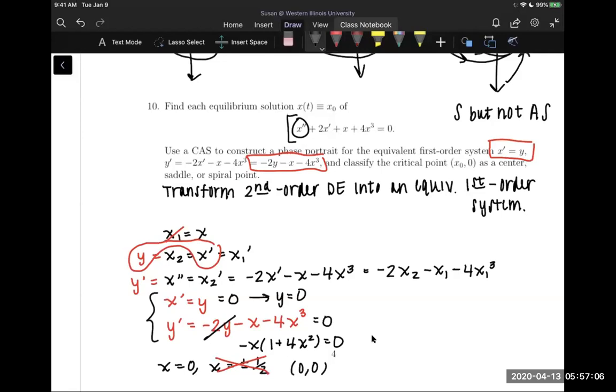And then it says, use a computer algebra system to construct a phase portrait and classify the critical point. So what I'm going to do is draw my axes right down here. I will plot my critical point. And then let's switch screens back to Wolfram Alpha.